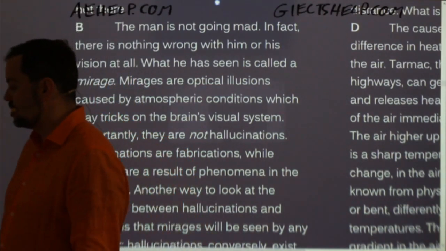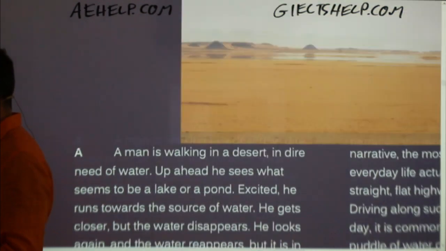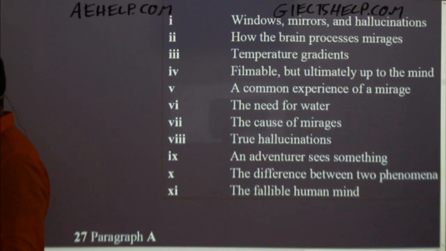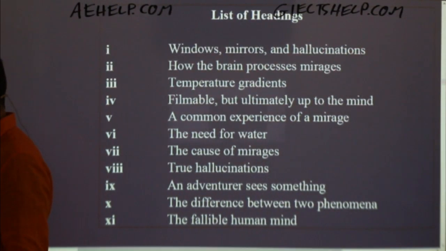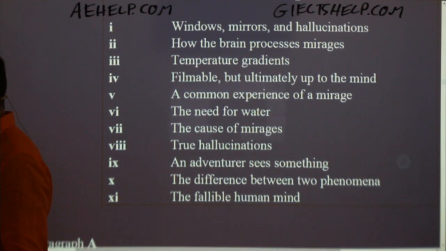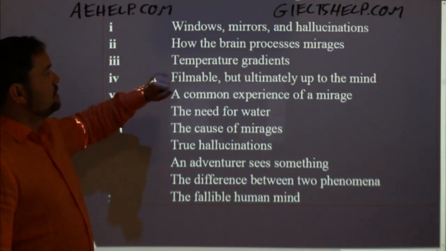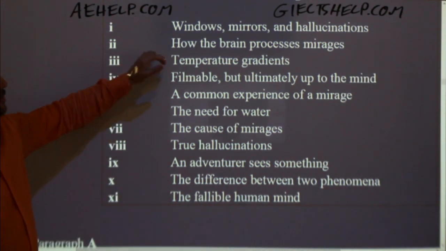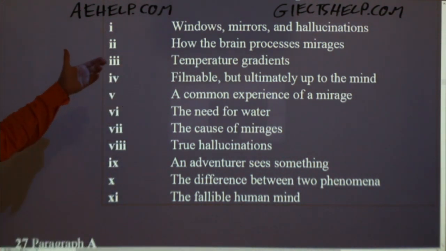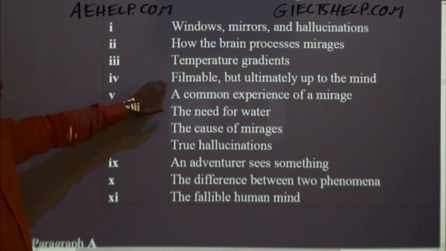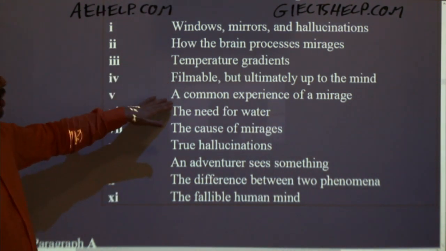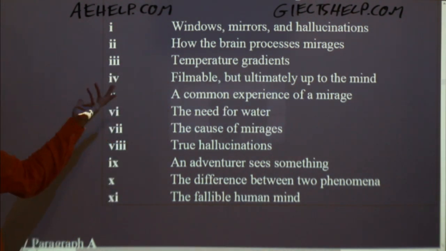to this question. So if we look at the choices, okay, so it's talking about what a mirage is and what it's not. It's not a hallucination, it's an illusion, right? Windows, mirrors, and hallucinations, no. The brain's processing images, no. Temperature gradients, no. Filmable, no. A common experience of a mirage, maybe.